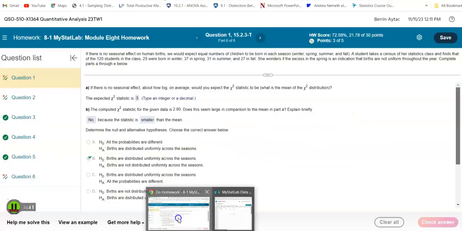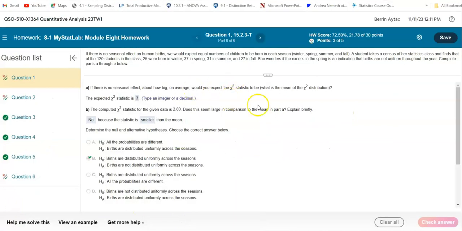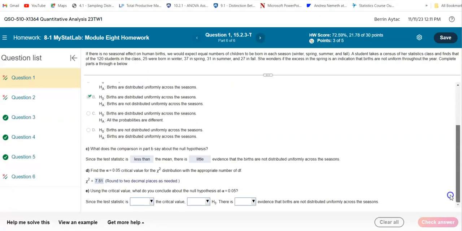So let's go back to the question. Using the critical value, since the test statistic is less than the critical value, we fail to reject. We support the null hypothesis. Since we support the null hypothesis, there is not sufficient evidence in favor of the alternative hypothesis, the main claim.